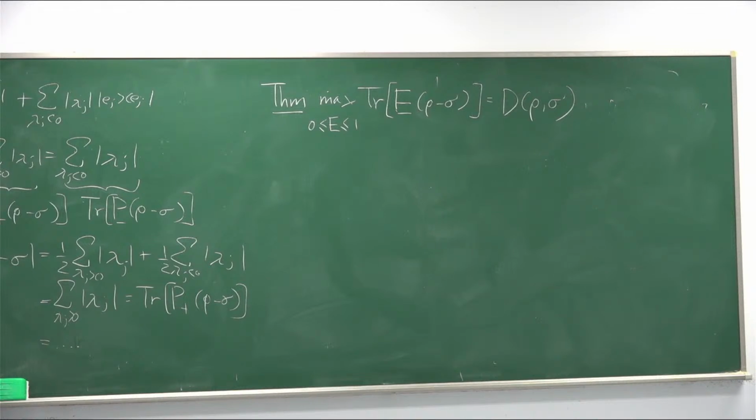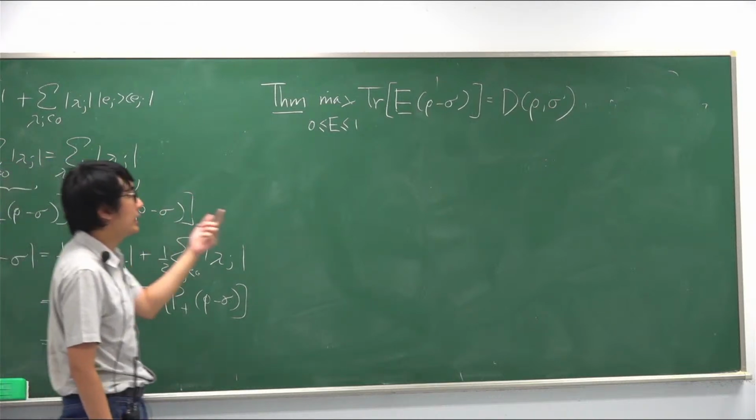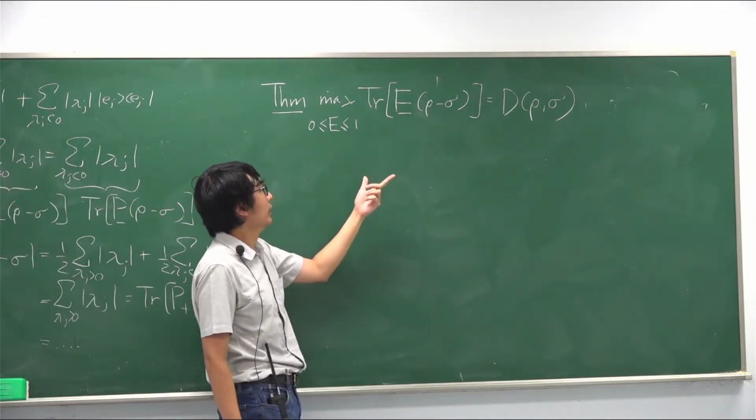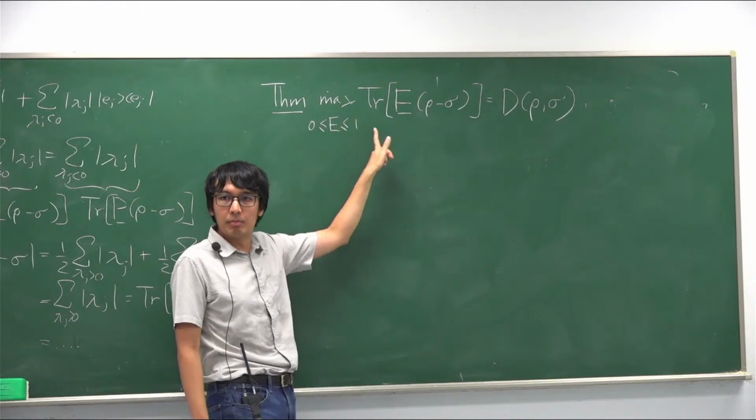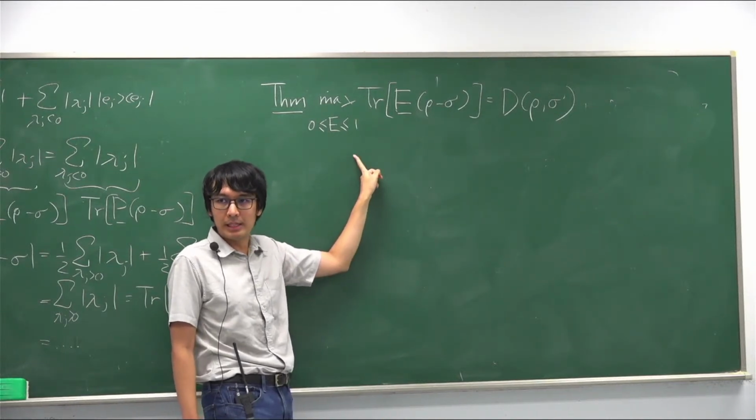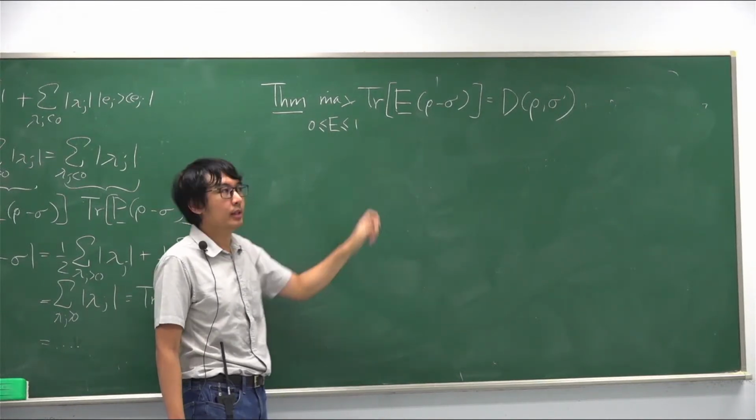The trace distance, or the minimum error probability, has, I guess, a more clear operational interpretation, right? In particular, given this definition, we are gonna prove that the trace distance is actually the difference between the probabilities maximized over a POVM element here.